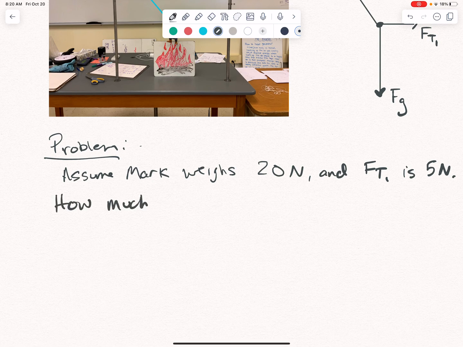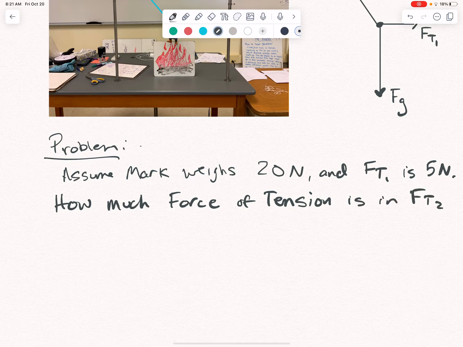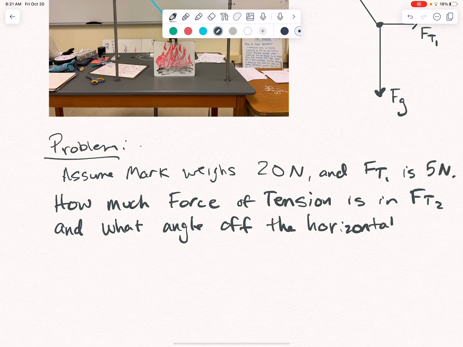How much force of tension is in FT2, and what angle off the horizontal is that string?